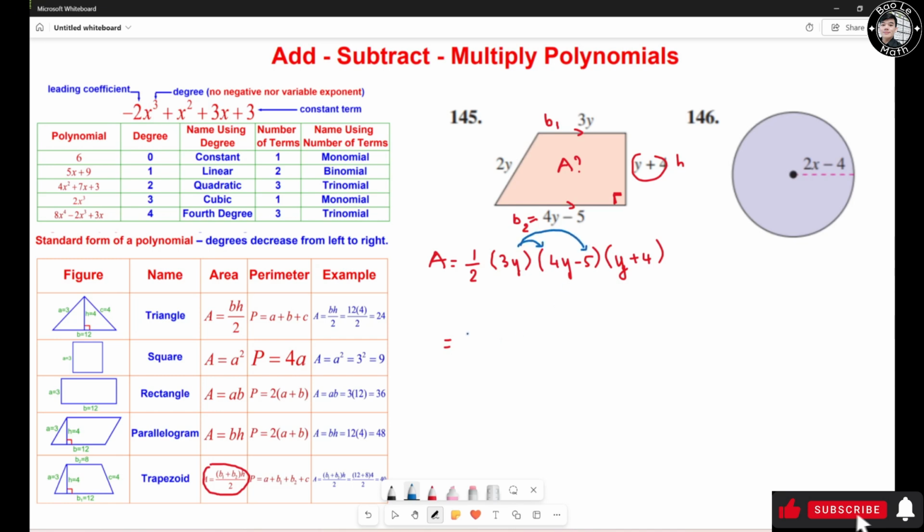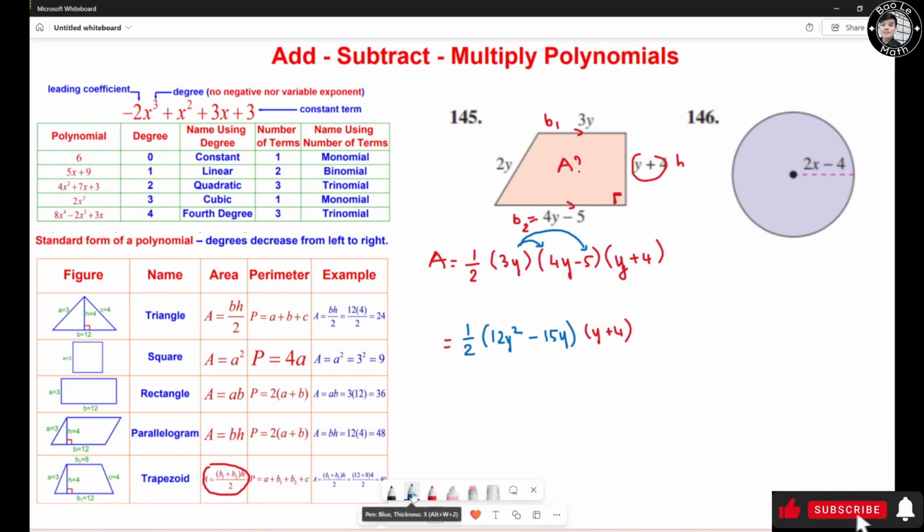Alright, so we just rewrite 1/2, right? Parenthesis. 3y times 4y is going to be 12y squared. 3y times negative 5 is going to be negative 15y. And then rewrite the last one right here, y plus 4, right?